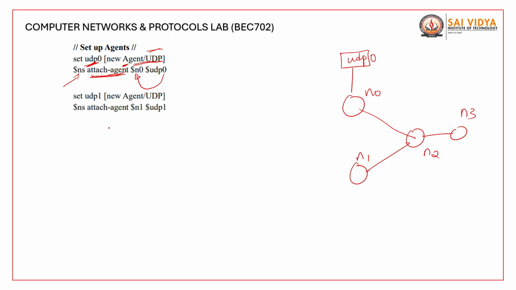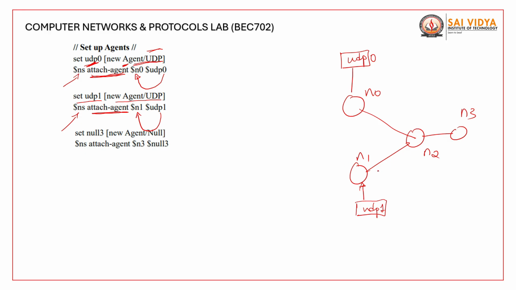In a similar way, you write here the syntax for udp1, which is to be connected to the n1 node. Set udp1 new Agent/UDP, and this udp1 is to be connected to the n1 node using the attach-agent keyword, and the event is to be reported to the main object ns.